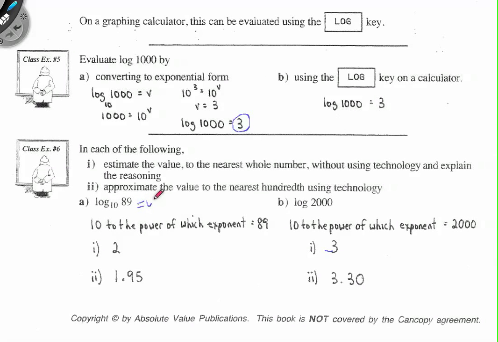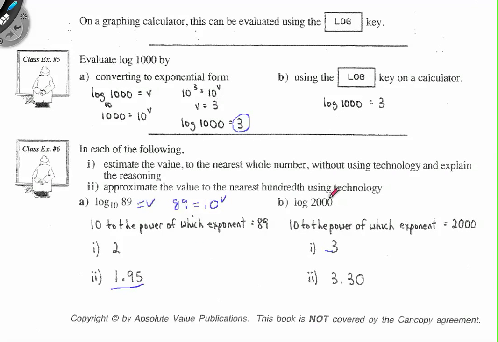We drop the 89 down by itself and swing the 10 over, bumping the v up. So 89 is 10 to what power, or what exponent? Well, it's close to 2, it must be less than 2, so estimate 1.95 perhaps. Try that on the calculator and what do you get?